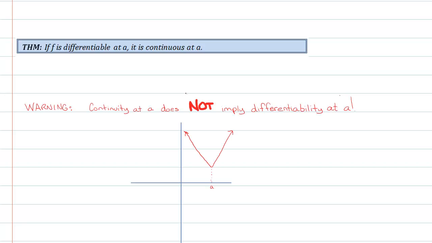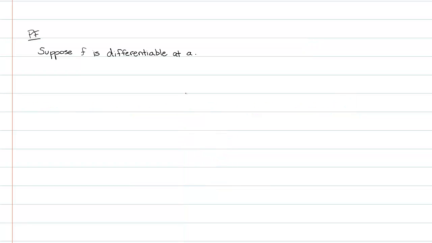I'm going to hop back to the original page here. The theorem says we let f be differentiable at A, and we want to show that it's continuous at A. So let's suppose that it's differentiable at A, which completely implies the following: that the limit as x approaches A of f of x minus f of A over x minus A is actually equal to f prime at A. So we happen to know that this derivative exists.